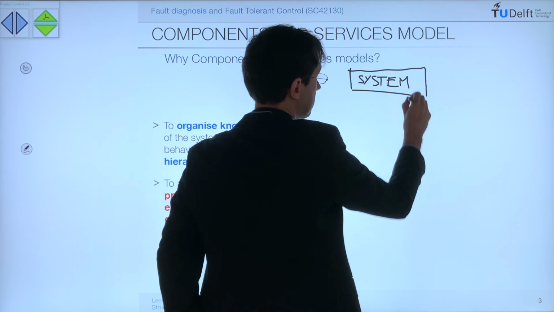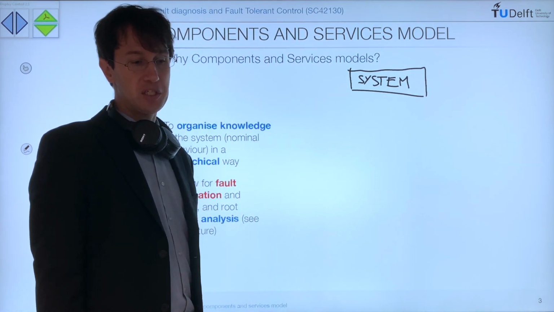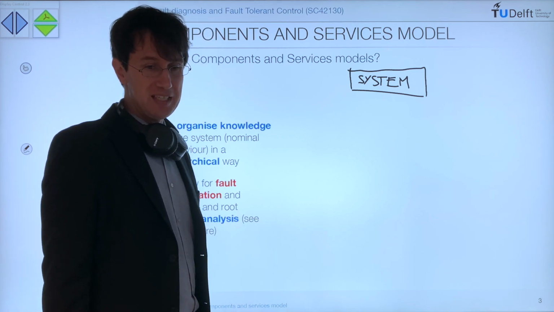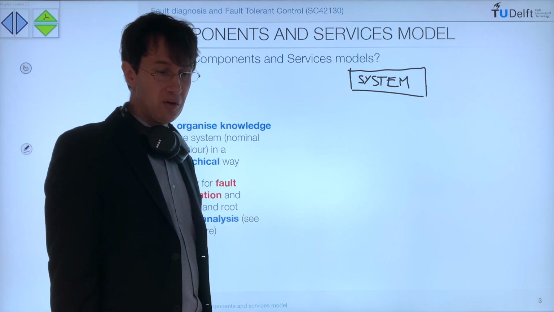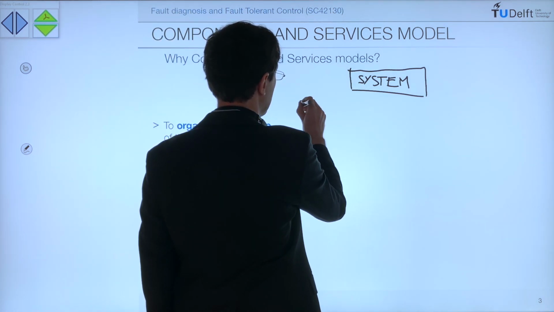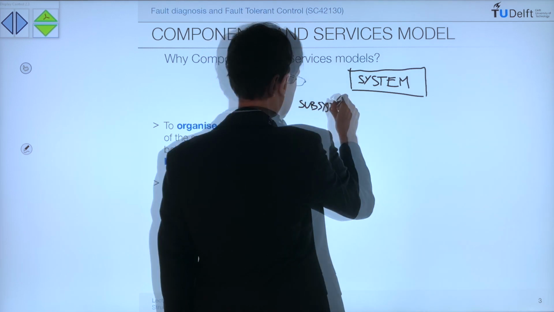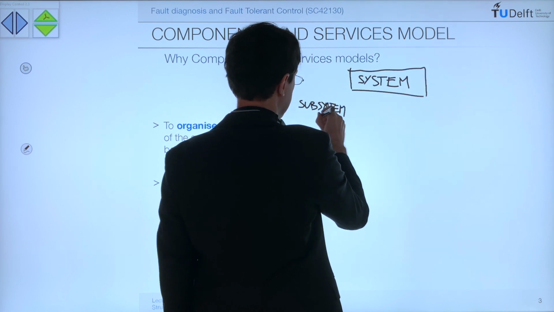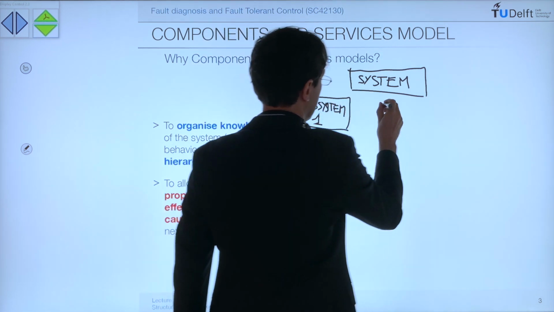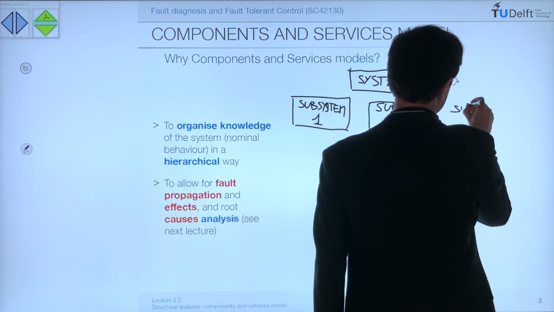So these can be the spaceship or the tank or the HVAC. Every system can be represented as a collection of subsystems that concur to provide the functionality, so subsystem 1 of the entire system, subsystem 2, subsystem 3.